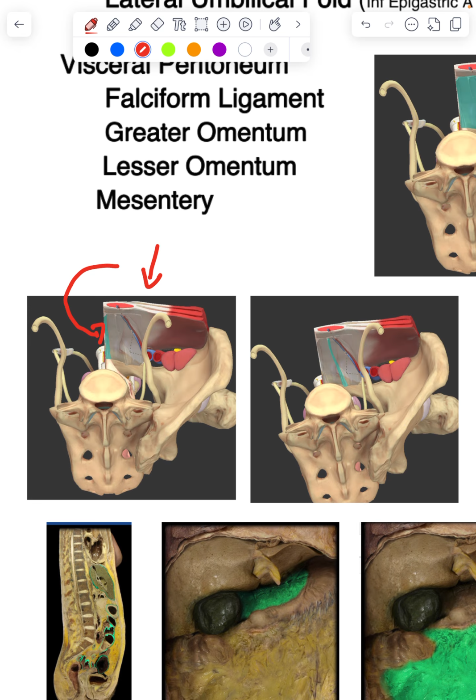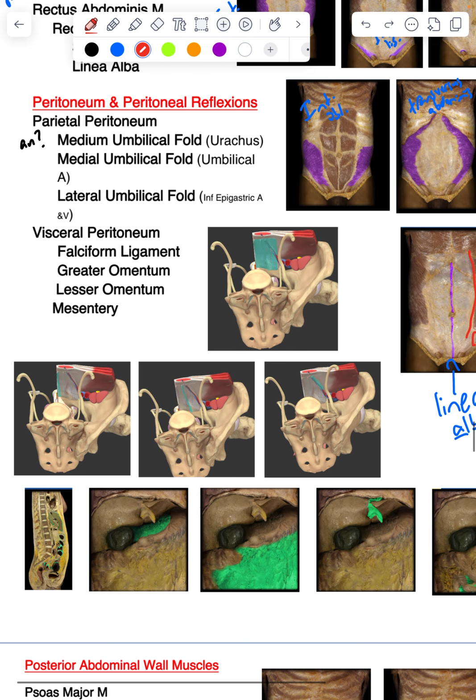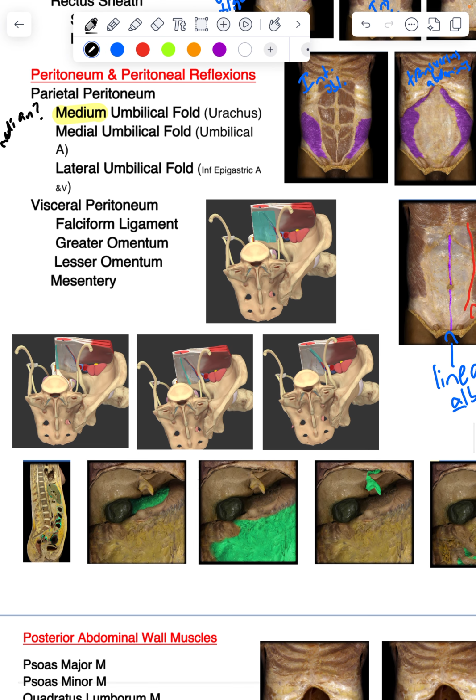Now we're going behind. We're looking from the inside. You have 3 folds. I don't know why she has medium. It's usually median. But I don't think she'll have both on there. So whatever she calls it, this right here is your median umbilical fold.